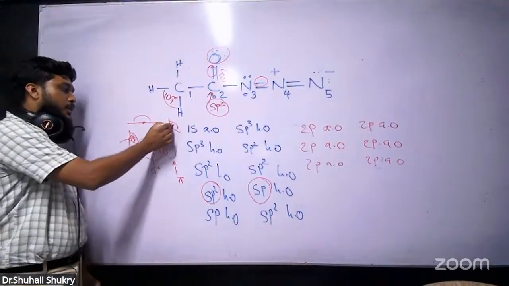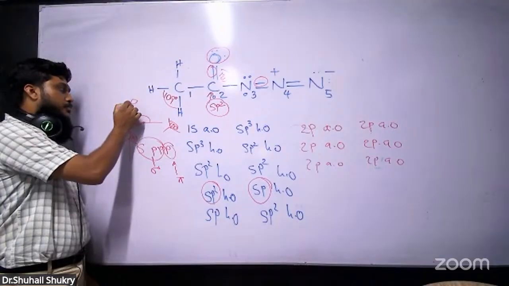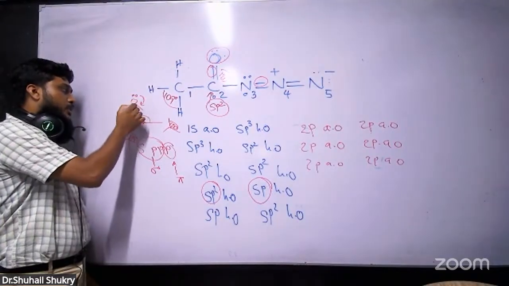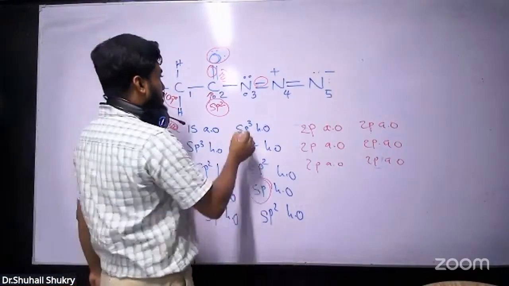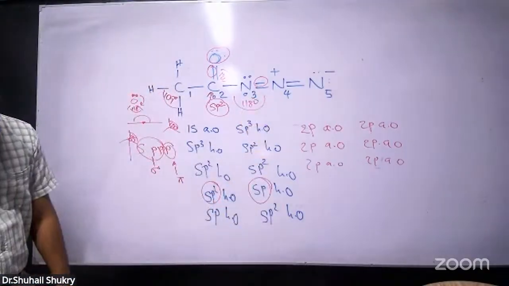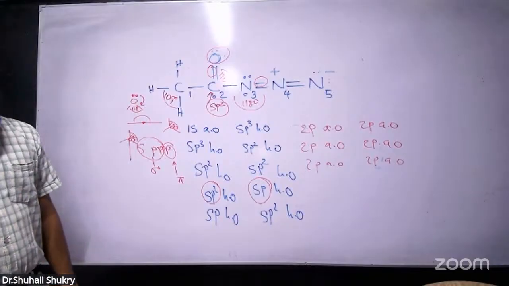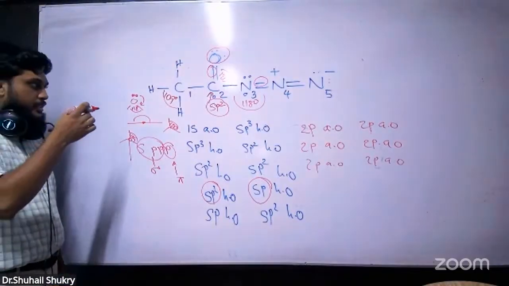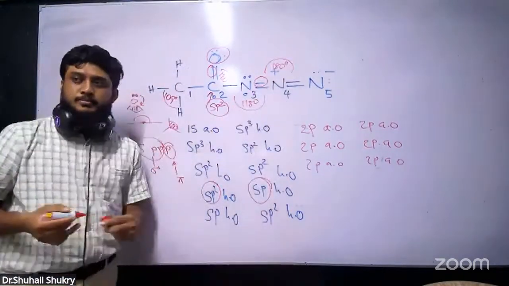Trigonal plane is 120, and angular reduces by 2 degrees because of the 2 electrons, so it becomes 118. Then around N4, N4 is linear, that is 180 degrees. These are not a big deal.